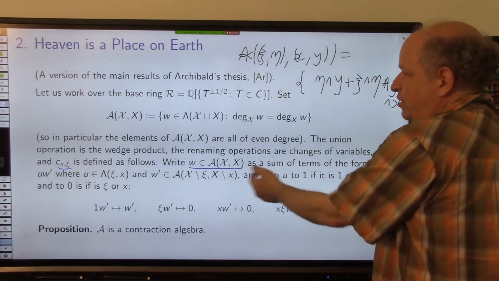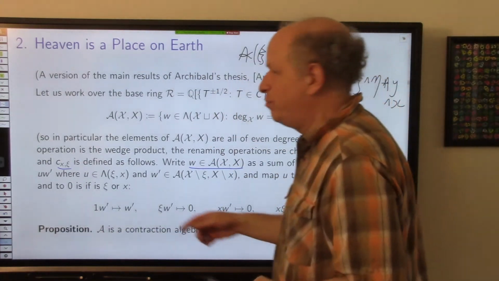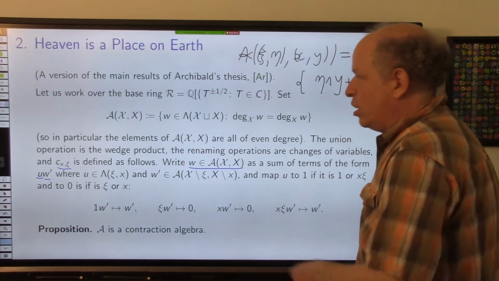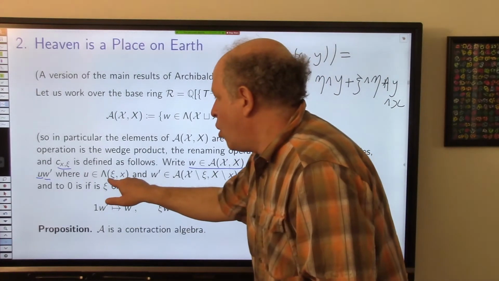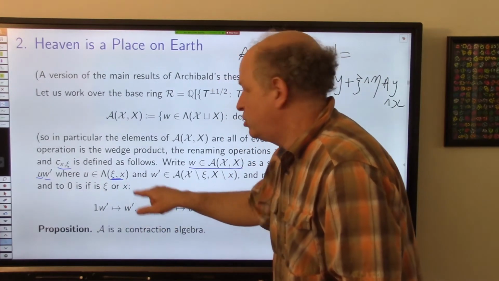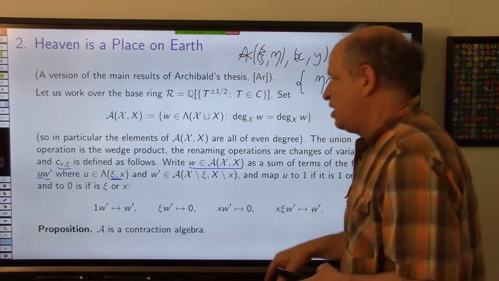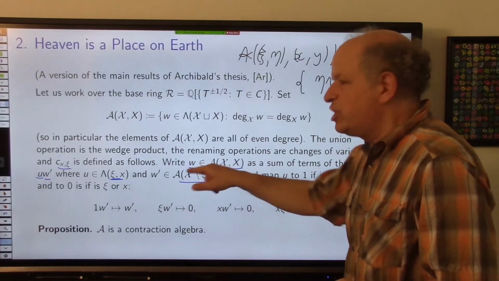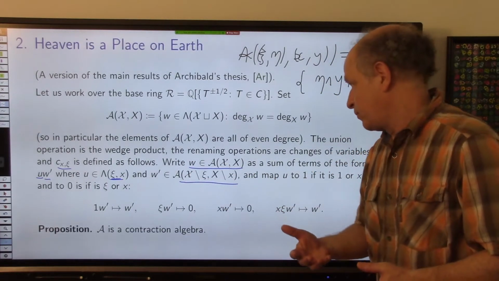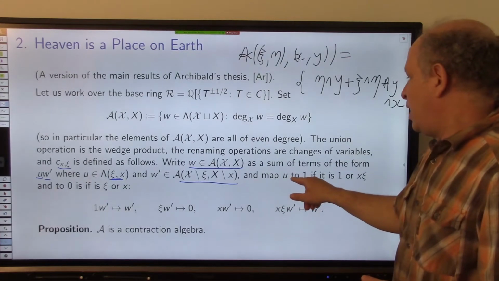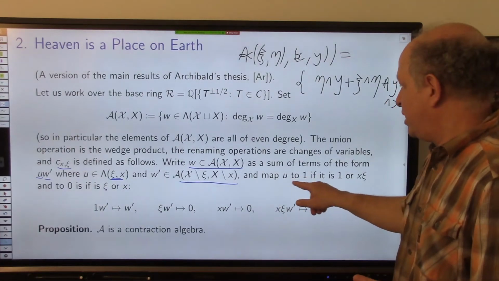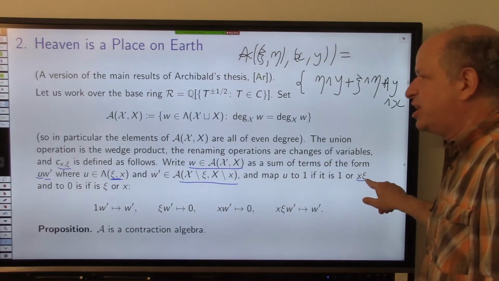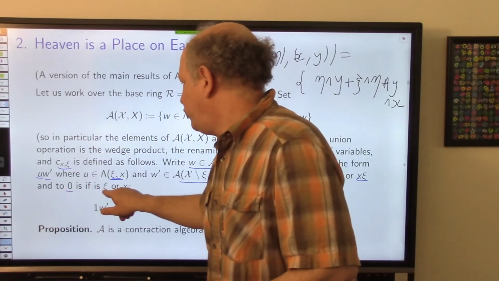So you can write any such W as a linear combination of things of the form U W prime, where U contains only the two variables to be contracted, x and psi, and W prime is in the exterior algebra in which these two variables are removed. And then the contraction is defined by mapping U to 1 if it is 1, or if it is x times psi, and to 0 if it is psi or x.